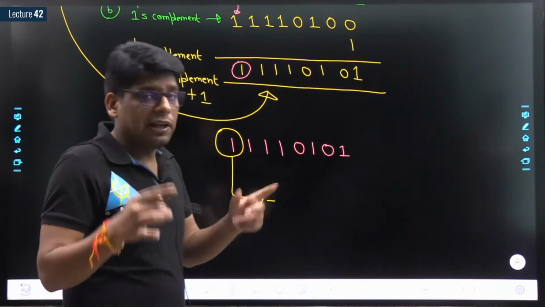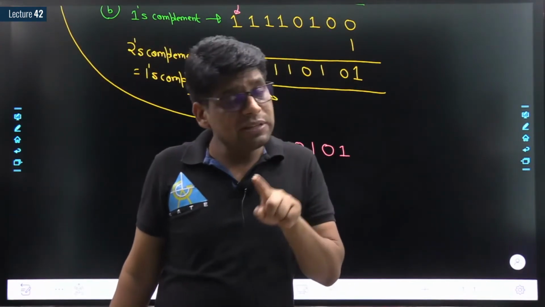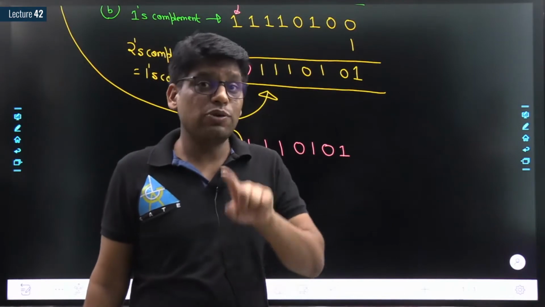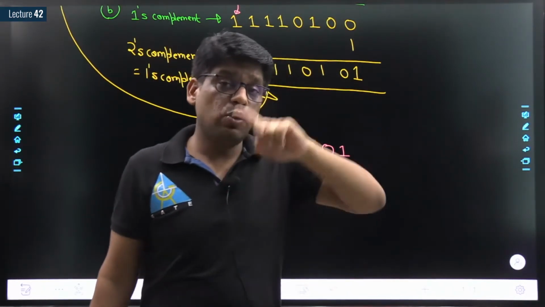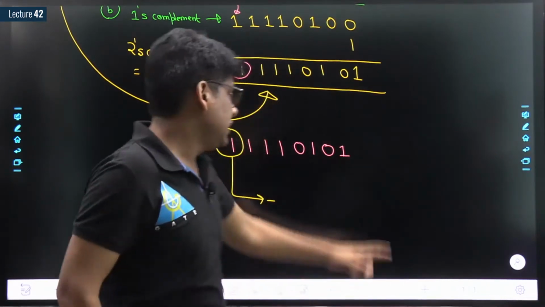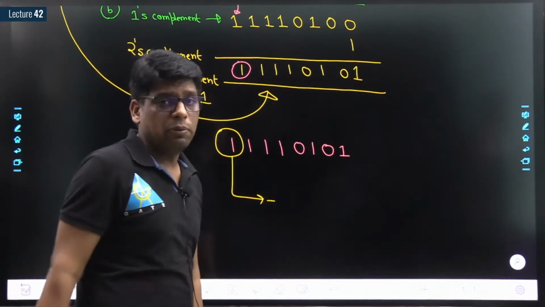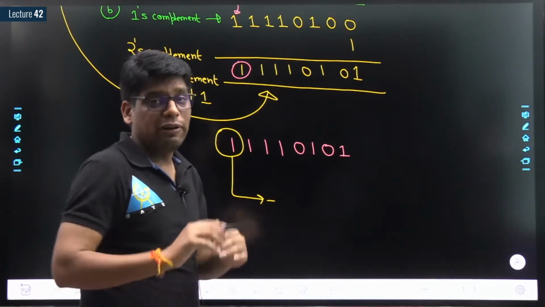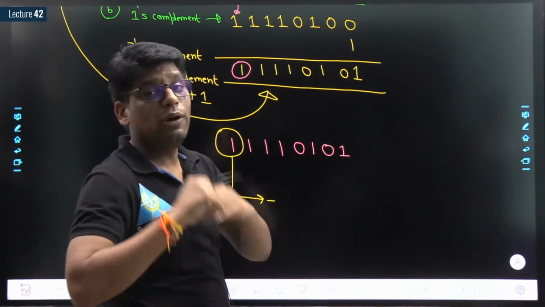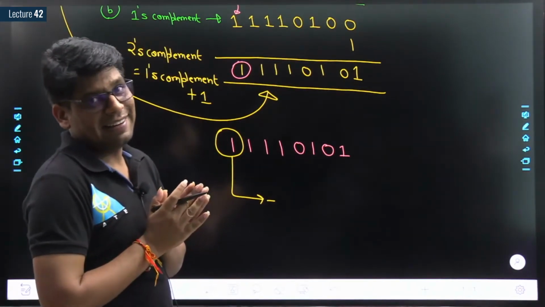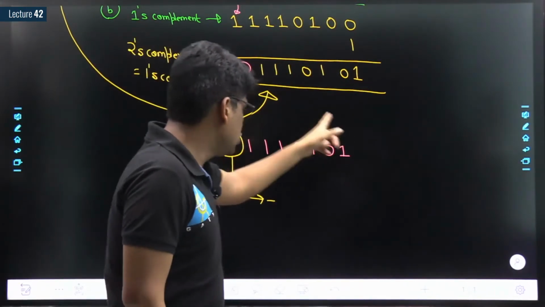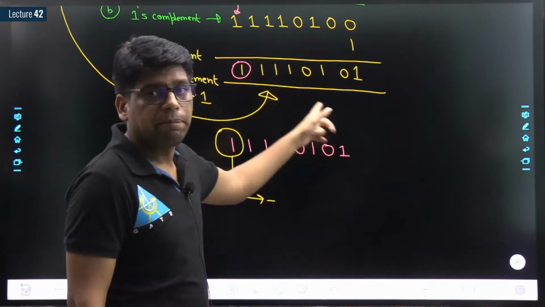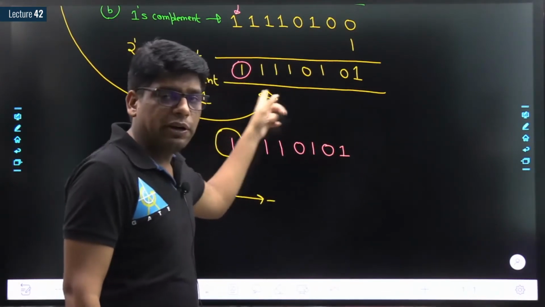Now the computer thinks, if this number is negative, it is already stored in 2's complement form, because negative numbers are stored in 2's complement form. To find the value, what will the computer do? Find the 2's complement of this number.